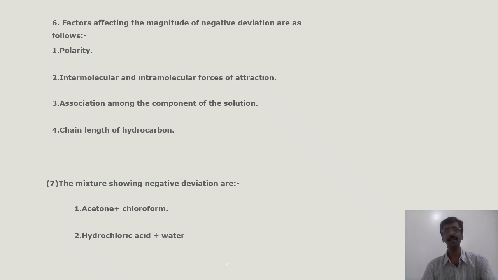Next one is to what extent association takes place amongst the components of the solution. And of course, if I have a hydrocarbon, then what exactly is the extent of chain length. Okay, so these are the factors which are common between the positive deviation as well as the negative deviation.